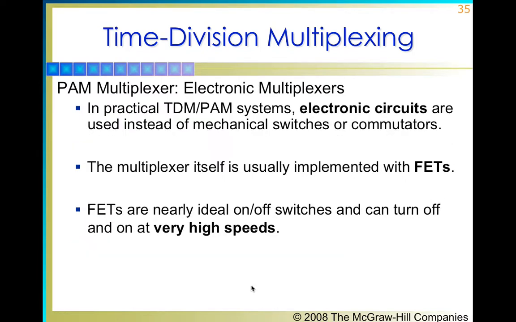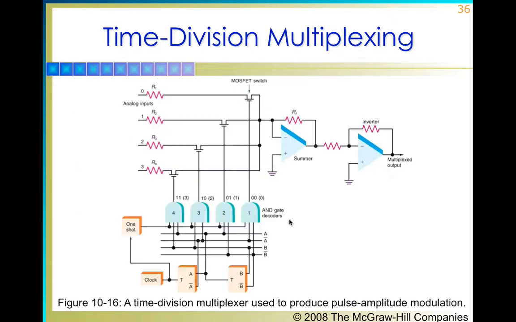So for time division multiplexing, we can use commutator switches, we can use mechanical switches, but in practical applications we use electronic switches instead of mechanical switches or commutators, because we need switching at a very fast rate, and for that purpose we use FET transistors, which give us very high switching speeds and the relevant amplification, and are ideal for our TDM applications.